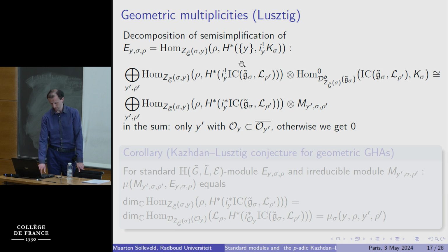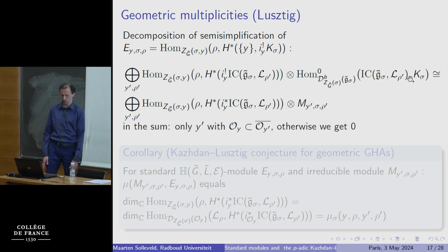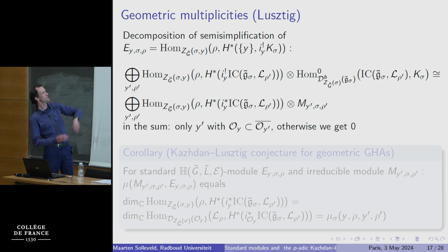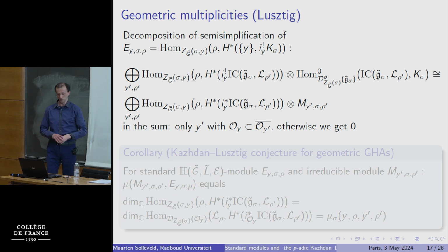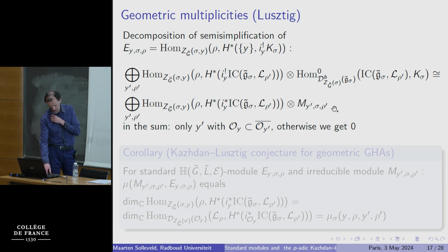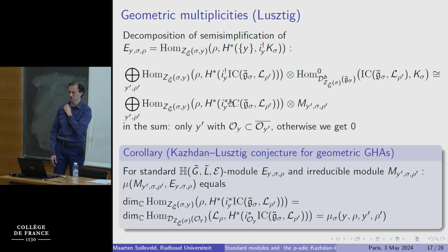You can express it like this, and then on the right-hand side you have something which was identified as an irreducible module, and on the left-hand side of the tensor product you have a multiplicity space. That's expressed here in this second line. And I have also sneakily changed this one kind of pullback to another kind of pullback, which is allowed by some results of Lusztig.